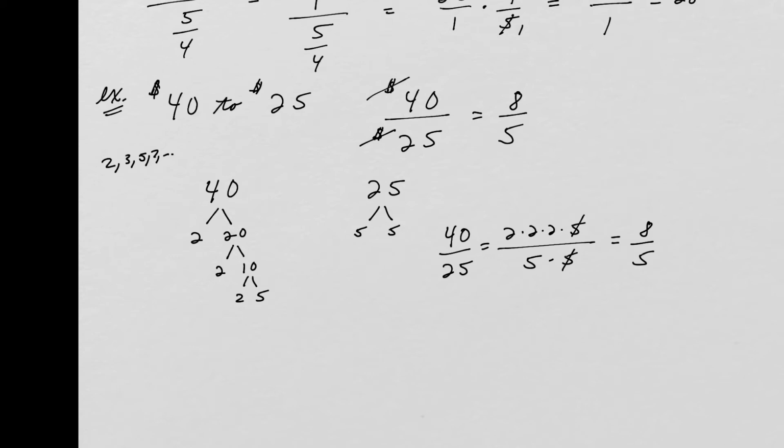But again, if you have to go back to basics, that's fine. If you can quickly see in your mind that 5 goes into both of those, I can simplify to 8 fifths, that's fine as well. But notice again that the units cancel in this case.